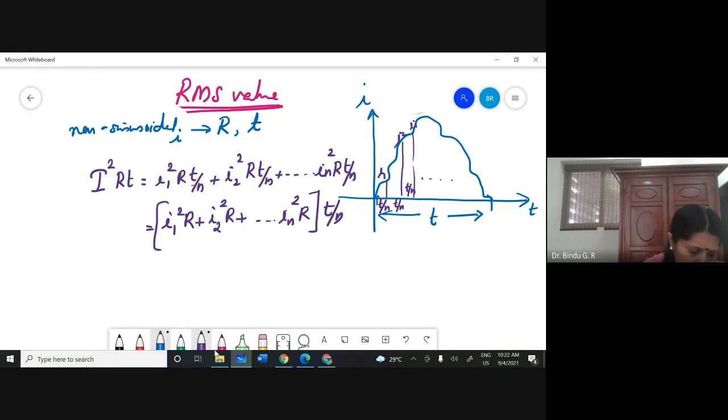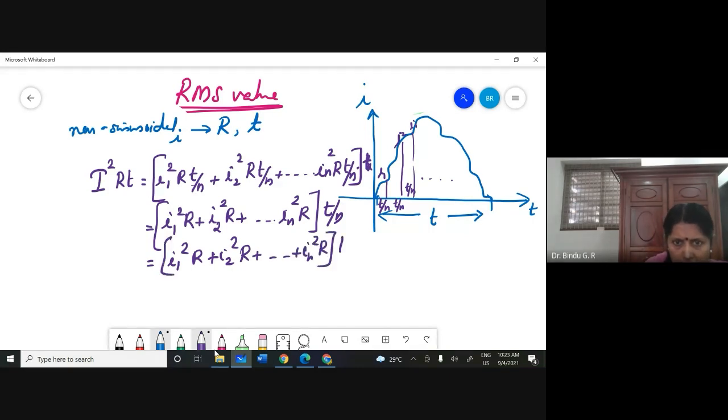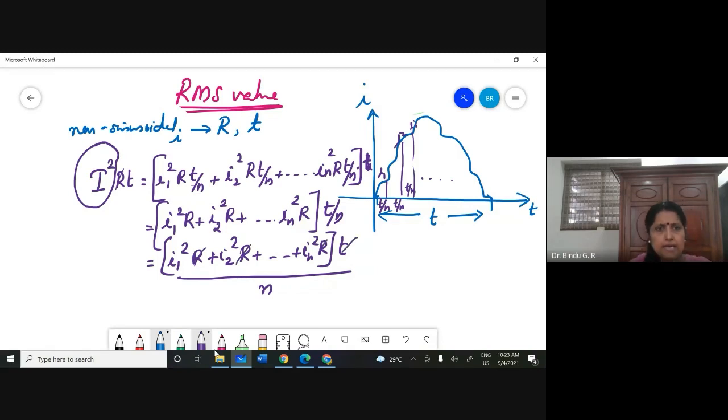Sorry, I forgot. Into T. That is equal to I1 squared R plus I2 squared R plus etc. up to IN squared R into T by N. This is my RMS value; this is what I want to find out. So cancelling off the quantities here, I get the RMS value squared.